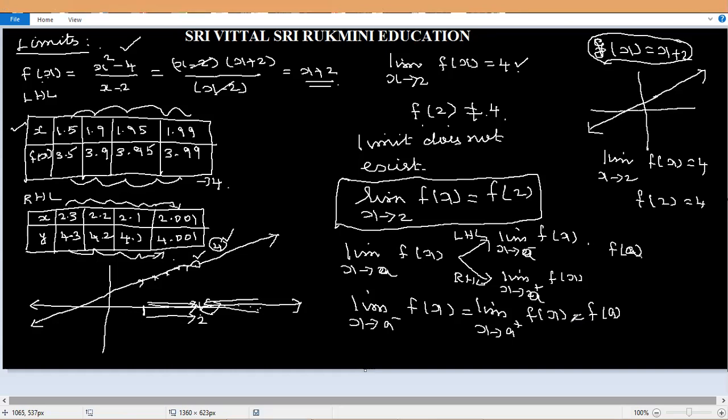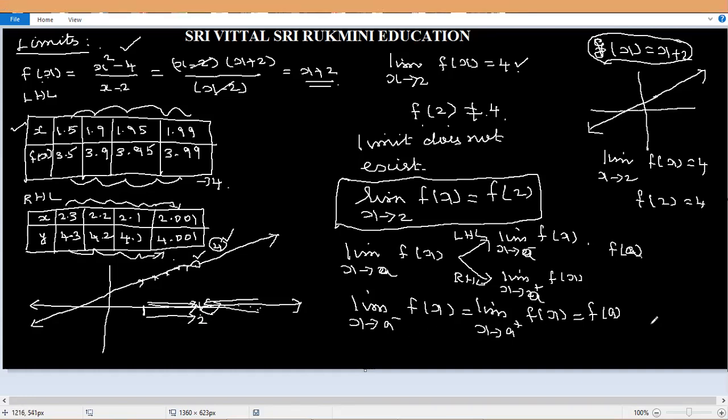First, the limit exists. Limit x tends to a minus f of x means as the value of x approaches a, the f of x value is approaching a particular value. Limit x tends to a plus f of x, as the value approaches a, then f of x approaches that value too. Then, exactly at x equal to a, what is f of a?